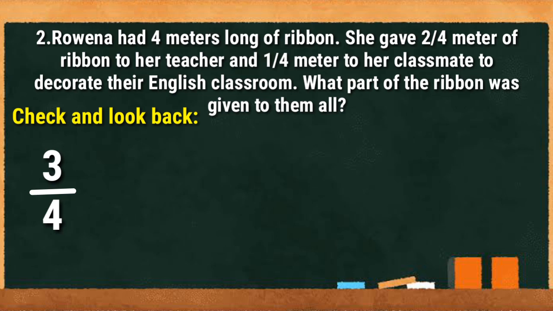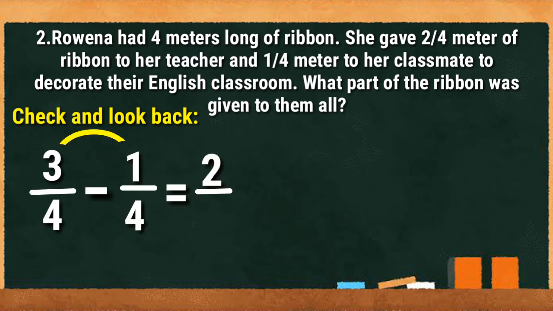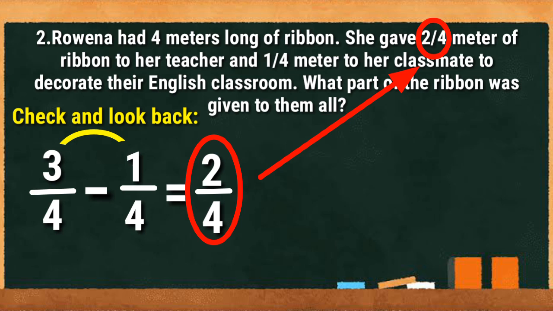So let's have 3 over 4, and we subtract from it any fraction, whether 2/4 or 1/4. So let's have 3/4 minus 1/4. 3 minus 1 is 2, and copy the common denominator, which is 4. So your answer is 2/4. Is it the correct fraction? Yes. So your answer here, which is 3, is correct.